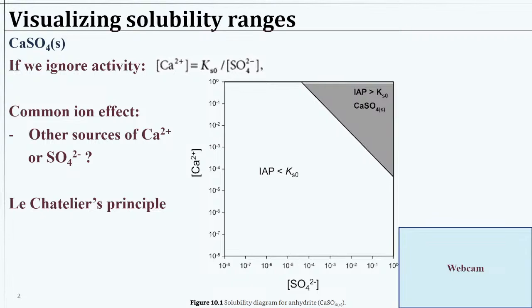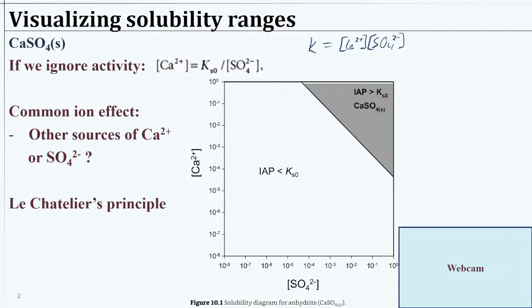But if we just take the solubility product for calcium sulfate as simply K equal to calcium times sulfate, one thing we can do is plot that on a calcium versus sulfate concentration plot. And with that type of plot, we can find an area on that plot where we are precipitating, and for the rest of it, we just have no solids present.